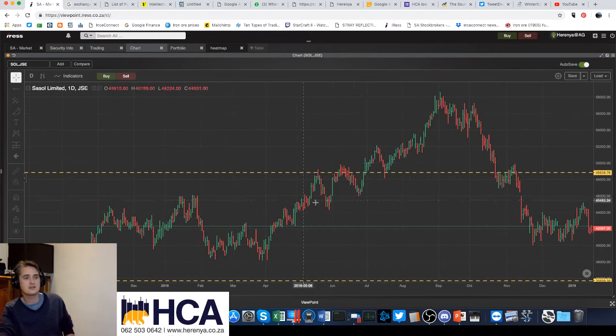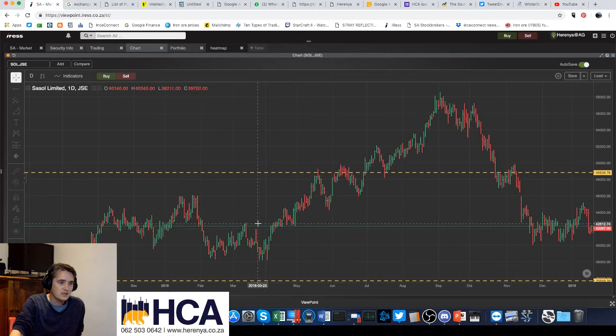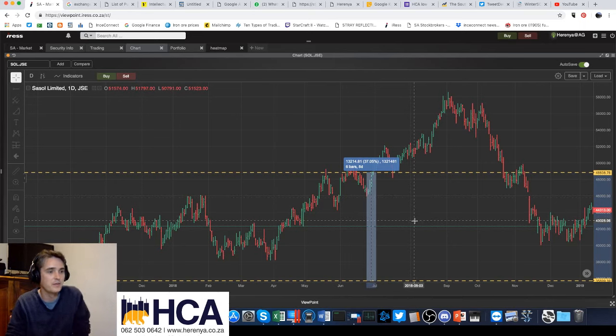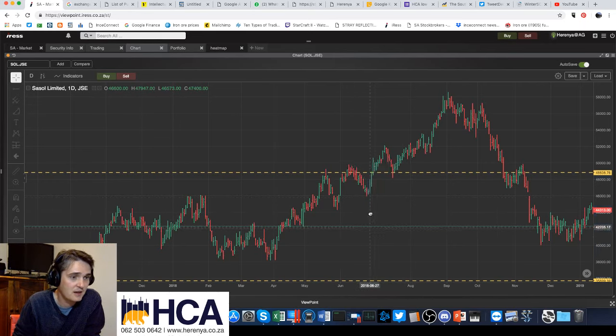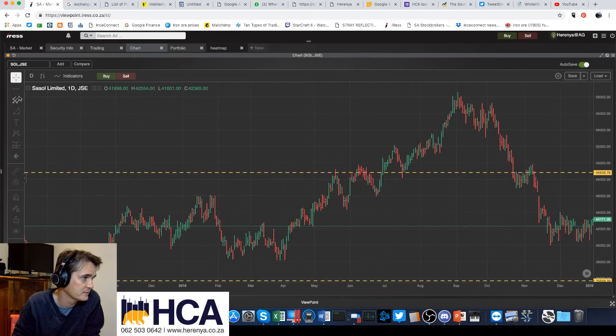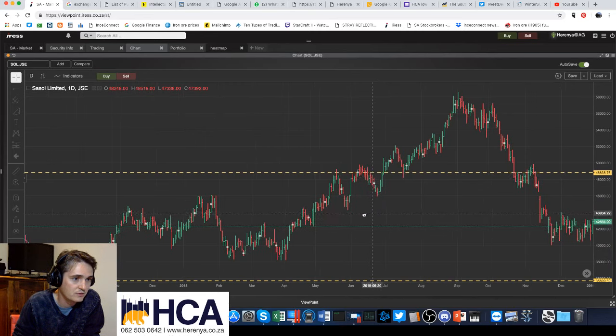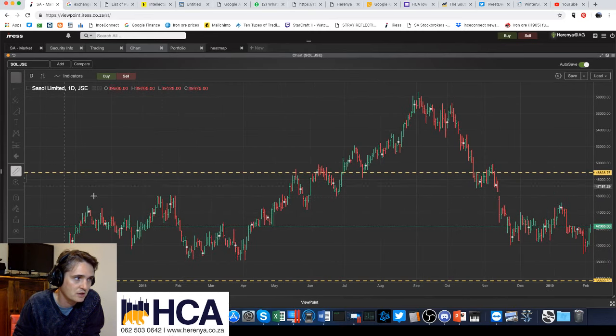Now, in order to trade this range breakout, what you do is you put your stop loss in the middle of the range, and you target the range high. So Sasol here was a bit of a mess, I think is the right word to use, because we would measure our high to be 37%, and then we measure the range, and we would want to move this range.